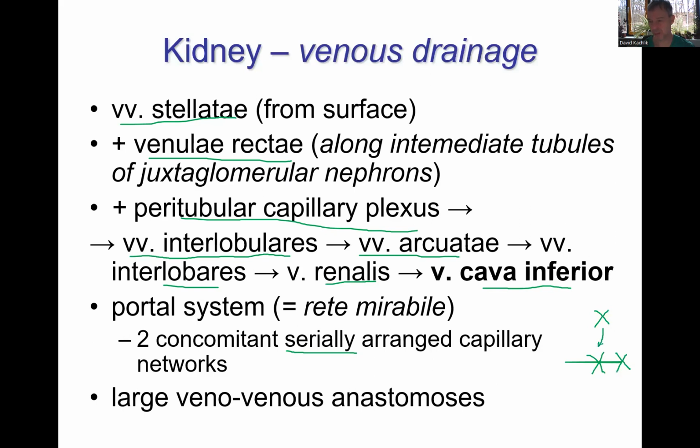And this is similar to the liver, where we have the intestinal capillary network in the wall of the intestine absorbing nutrients, and then the liver containing sinusoids along the hepatocytes, and we call this a portal system because of the portal vein, which is in between.